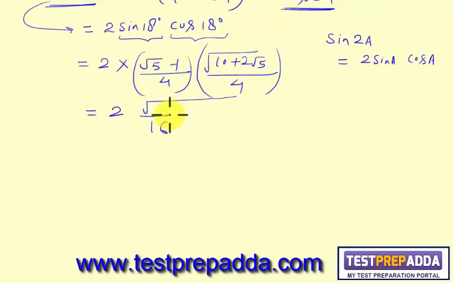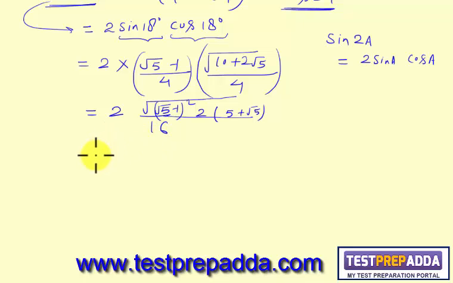So I can write in totality root of 5 minus 1 square into, if I take 2 common, 5 plus root 5.